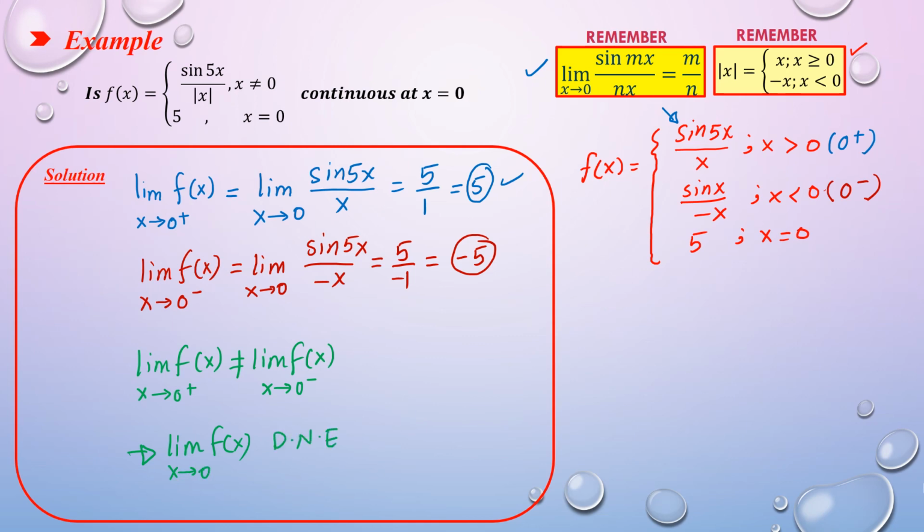And hence, since the limit does not exist, f of x will be discontinuous at x equal to 0. So f of x is discontinuous at x equal to 0.